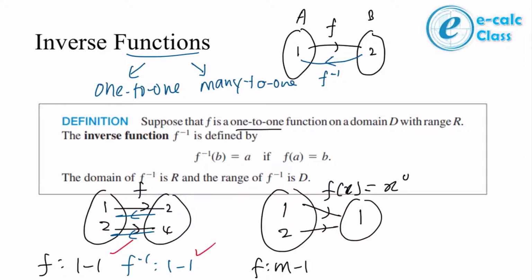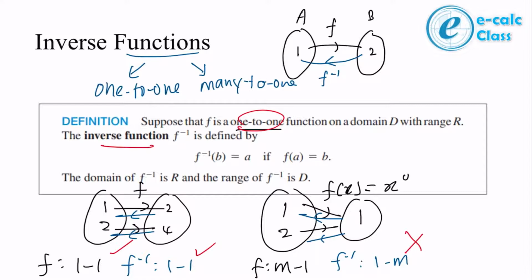However, f inverse of it, if that exists, no, it doesn't exist. F inverse, if you really want, is actually a one-to-many relation. A one-to-many relation is not a function. Hence, only a one-to-one function can have an inverse function.